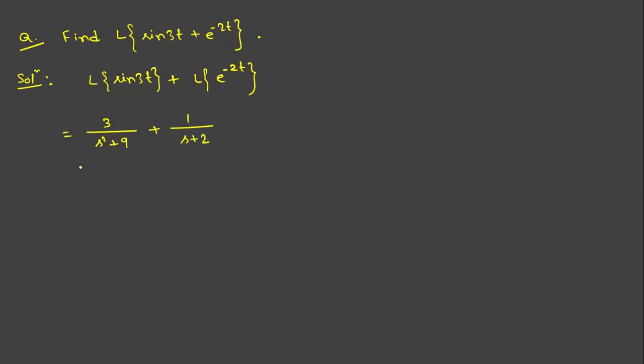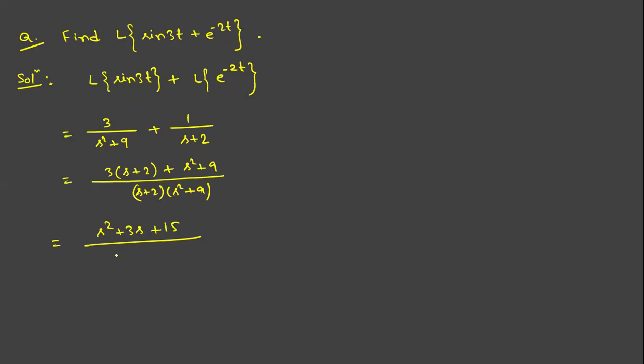Clear? If you simplify this, you get 3(s+2) + (s²+9) over (s+2)(s²+9). So this equals (s²+3s+15)/((s+2)(s²+9)). Very simple. Next, solve another problem.